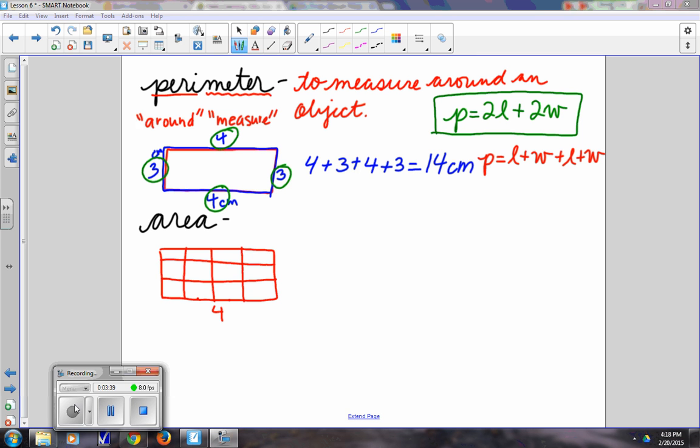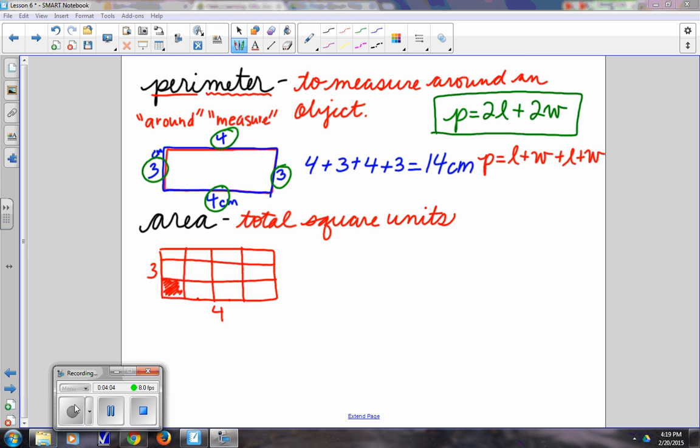We still have 3 here, 1, 2, 3. But now you're talking about the total number of square units that cover a figure. So total square units is your area.